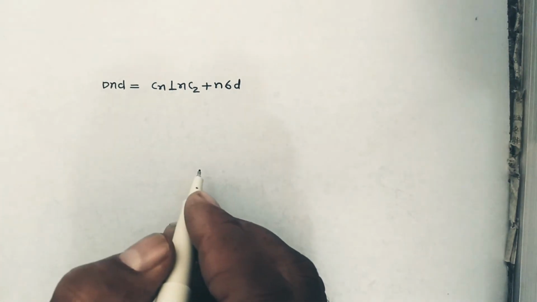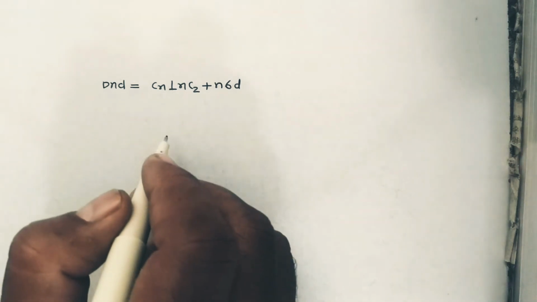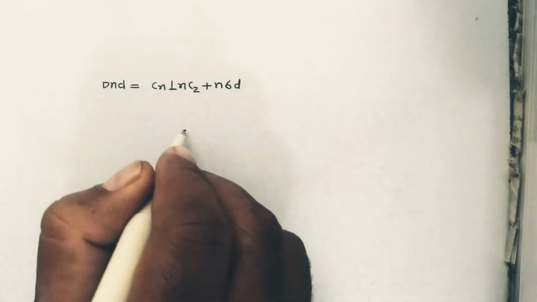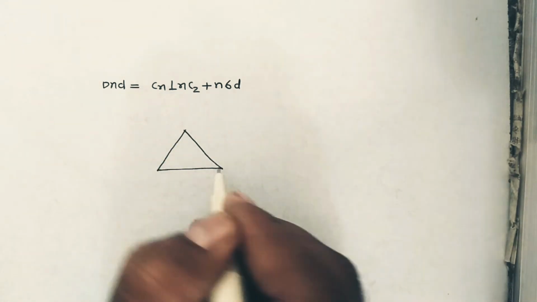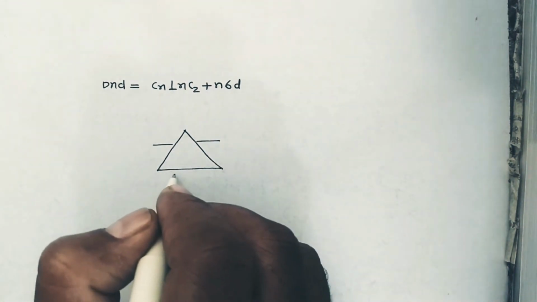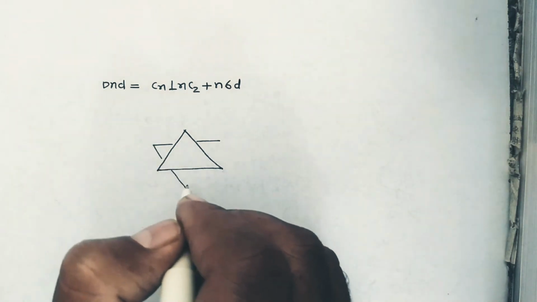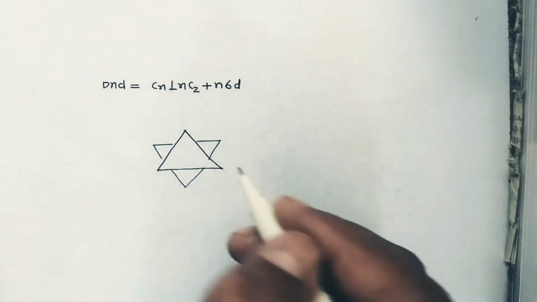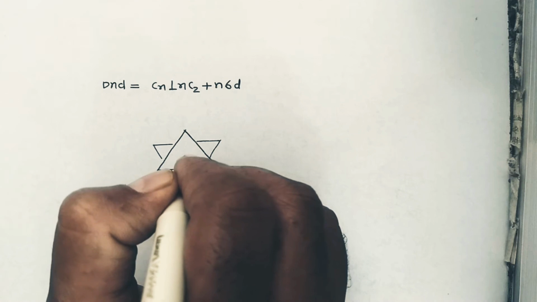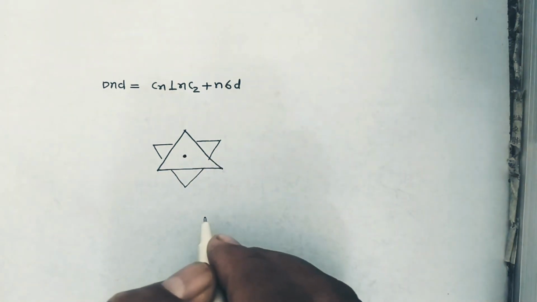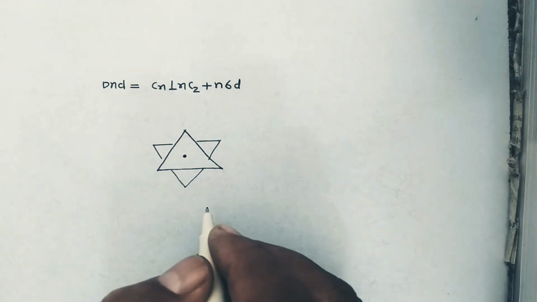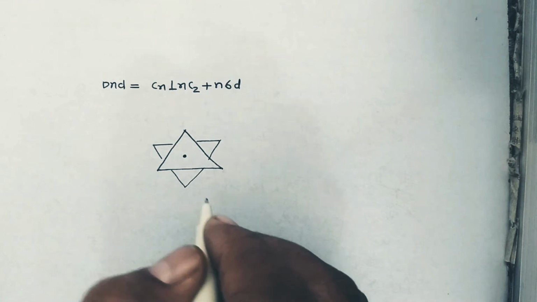Let us take one example. Now this particular object contains a C3 axis and 3 C2 axes.